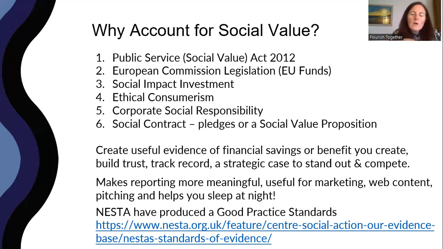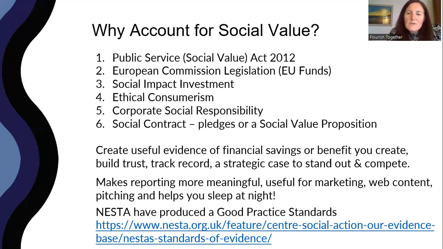In an earlier webinar, I did mention as well, I think it was in relation to commissioning, that Nesta have produced good practice standards, and this is a useful document if you want to understand different levels or stepping stones to starting out in or improving your evidence gathering and impact measurement.